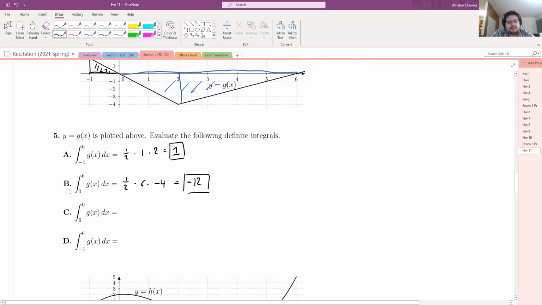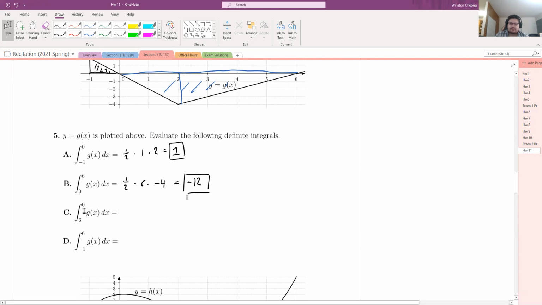Okay. Now, going from B to C, what happens is that we reverse the two limits of integration. So instead of integrating from 0 to 6 in part B, we're now integrating in the other order, from 6 to 0. And that's kind of strange because we normally expect to go from left to right. But we can still think about this.